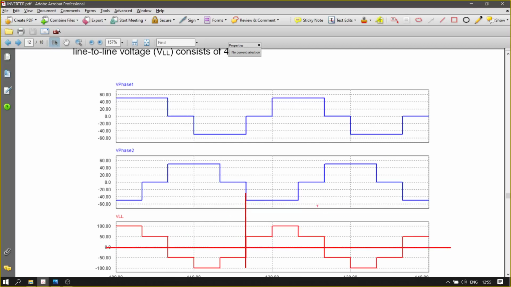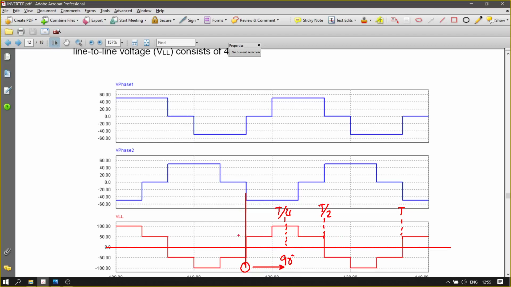Quarter of the wave, isn't it? So this is T over 2. This is T, and that will be T over 4 here, isn't it? So T over 4, which is 90 degree, right? So you need to evaluate only from 0 to 90 degree.